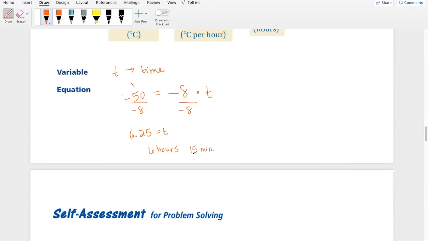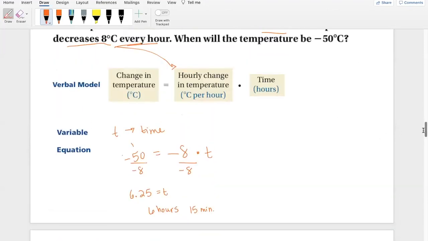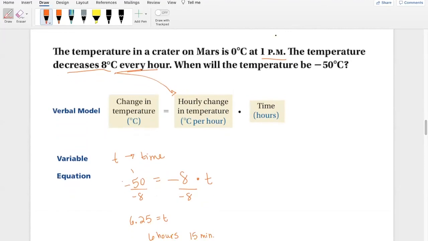And this would be after our 1 o'clock, because we already had our temperature at 1 o'clock here. So the temperature will be -50, because our change in temperature went from 0 to -50. So we can say this would be after 1 o'clock.